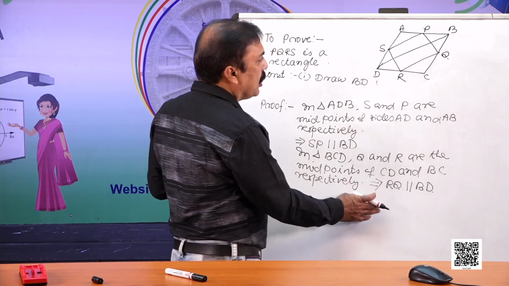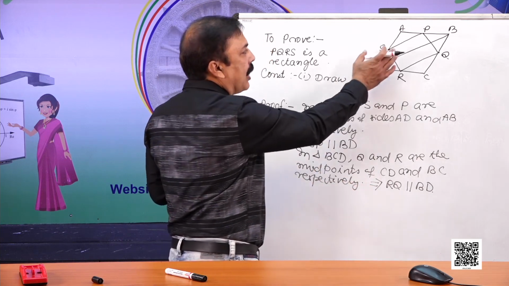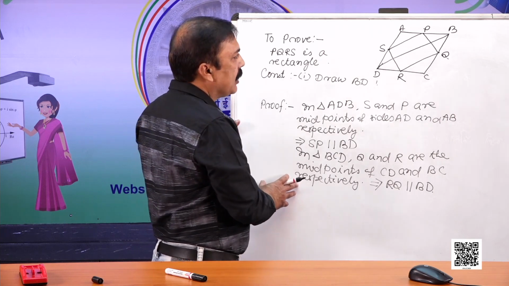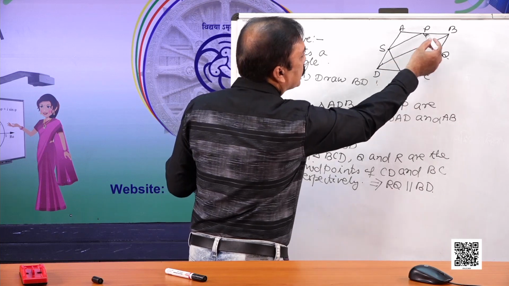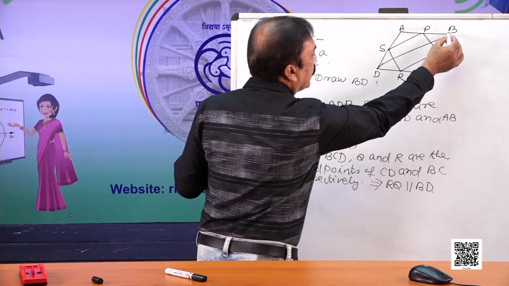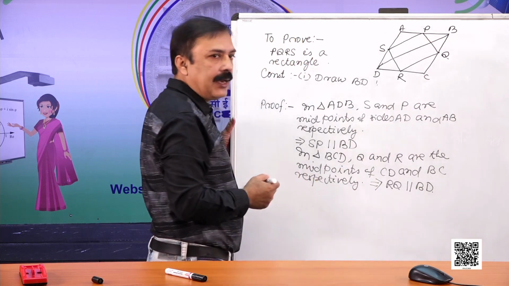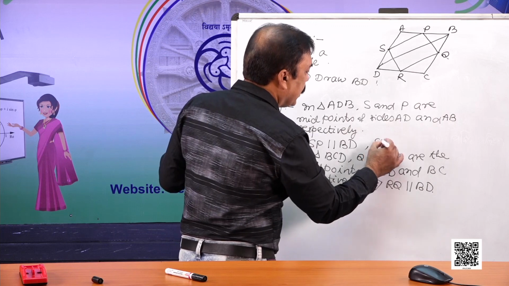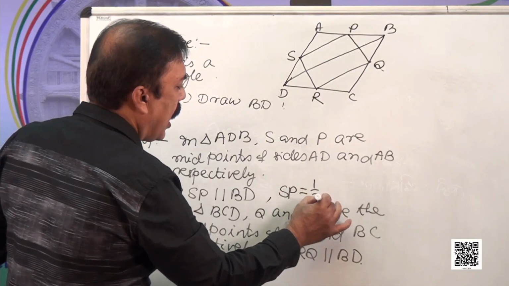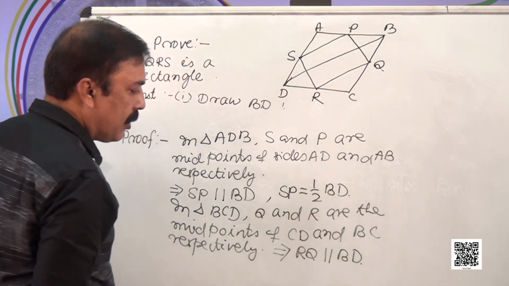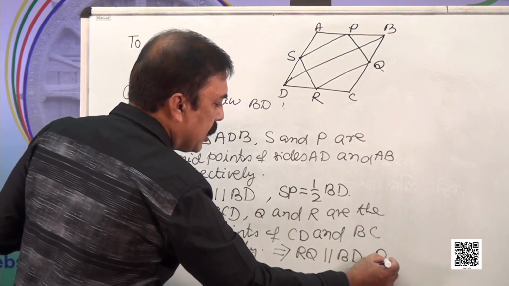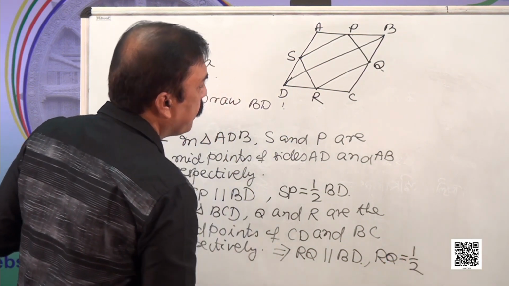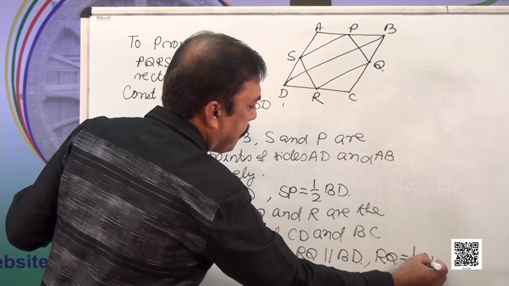Again, if we consider another part of the midpoint theorem, which states that this line SP is half of the side BD, so we can write that SP is equal to half of BD here, and also we can say RQ is equal to half of BD.